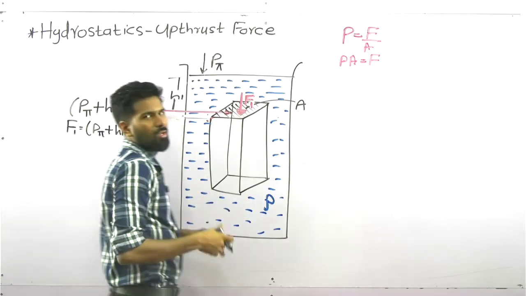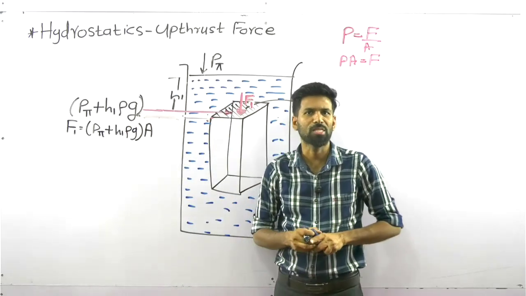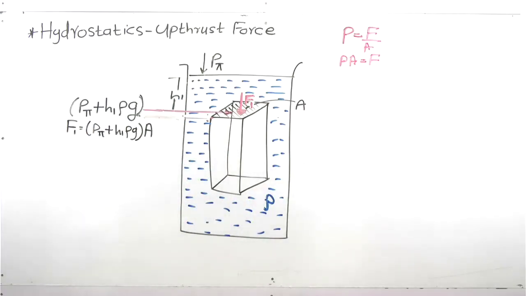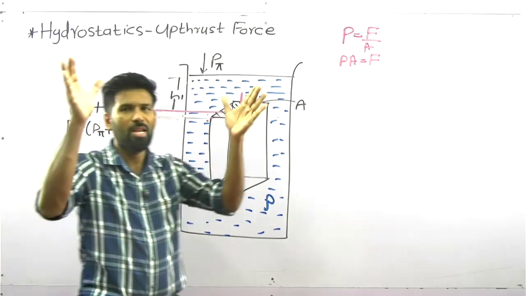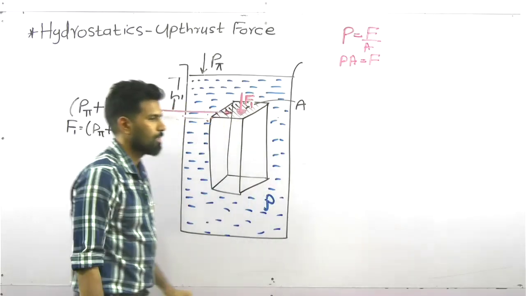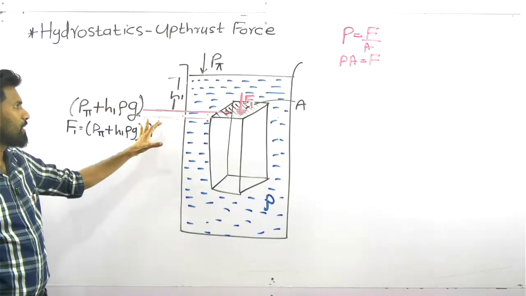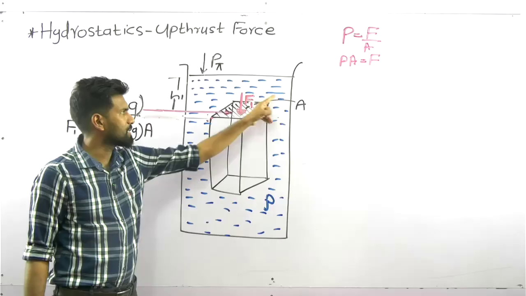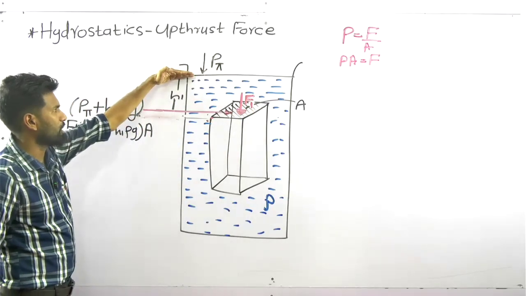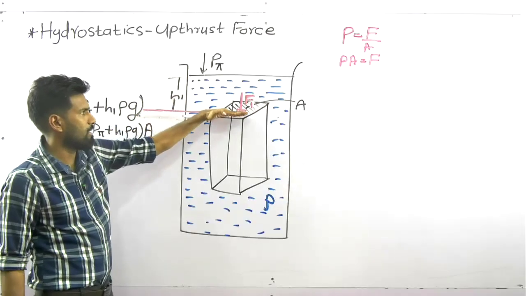Let's start. We are going to see how the upthrust force is created. Draw the diagram. Inside the liquid container, draw a rectangular shaped object, whose area is A, with pressure P0 plus h1 rho g at this level.